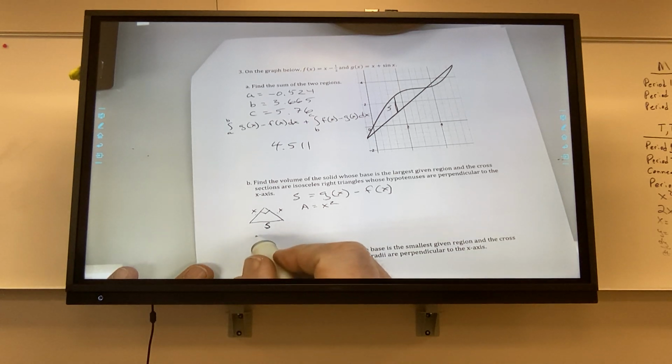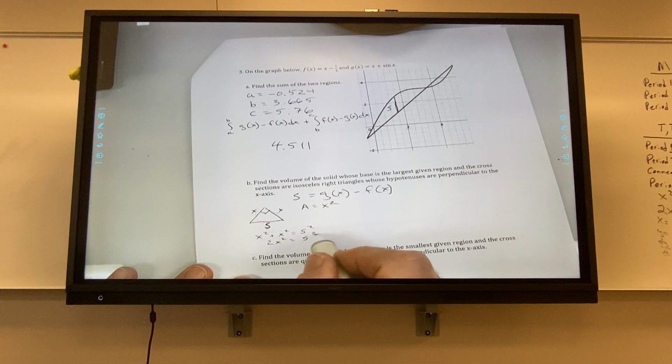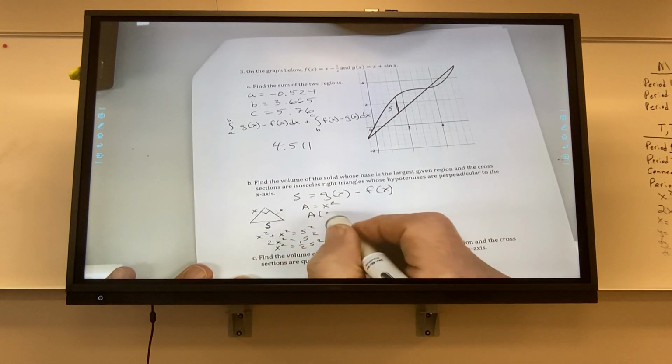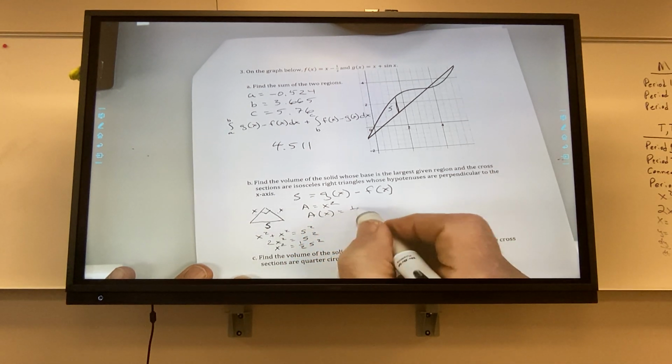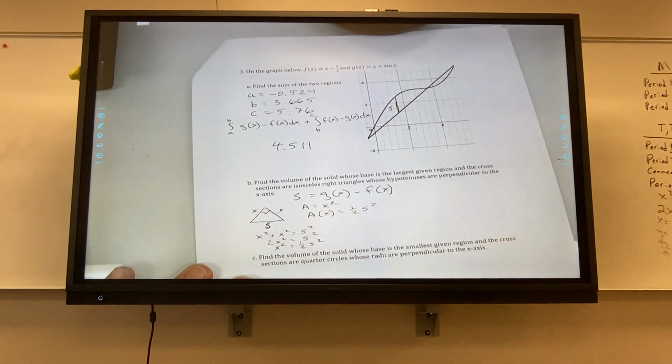But I also know that x squared plus x squared equals s squared, correct? So that means 2x squared is equal to s squared. So x squared is equal to 1/2 s squared. So in other words, a of x is equal to 1/2 s squared.